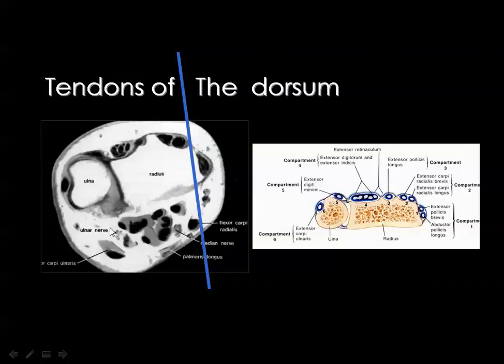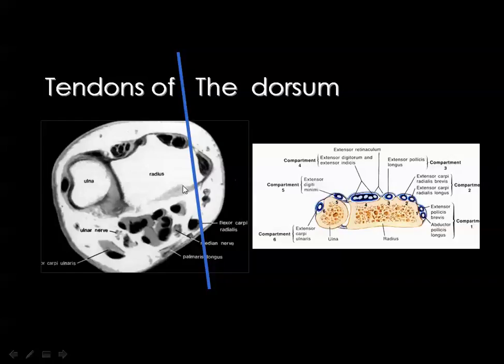And if you have here the flexor digitorum profundus and superficialis, then you will have the extensor digitorum. Okay, this is good. This is the extensor carpi ulnaris, and this is the extensor carpi radialis, and this is the extensor digitorum. Then you remember, this is the median nerve, and this is the flexor pollicis longus. Then this tendon is the extensor pollicis longus.